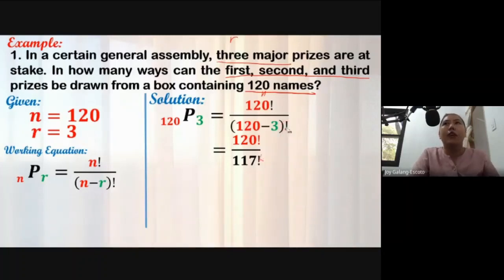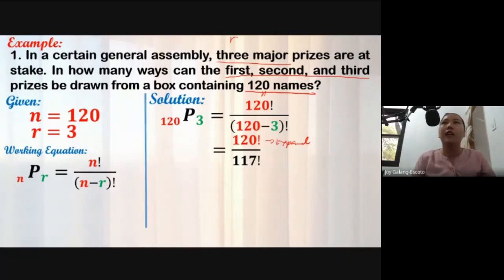Now, next step, you have to expand 120 factorial in such a way that, in the ending process, you eliminate 117 factorial in the denominator. So instead of expanding 120 factorial all throughout times 1, just simply expand it until 117 factorial because that is your goal, to remove the denominator.